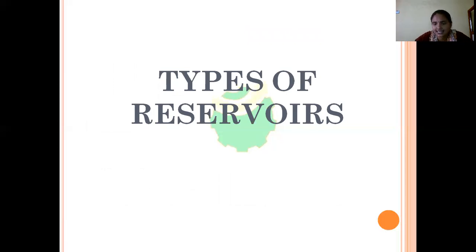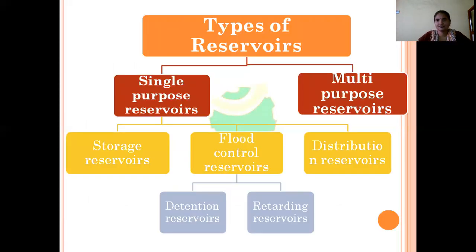Next, we will discuss the types of reservoirs. Majorly, we divide the reservoirs into two types: single purpose reservoirs and multi-purpose reservoirs. Single purpose reservoirs means you construct the reservoir for a single purpose only.